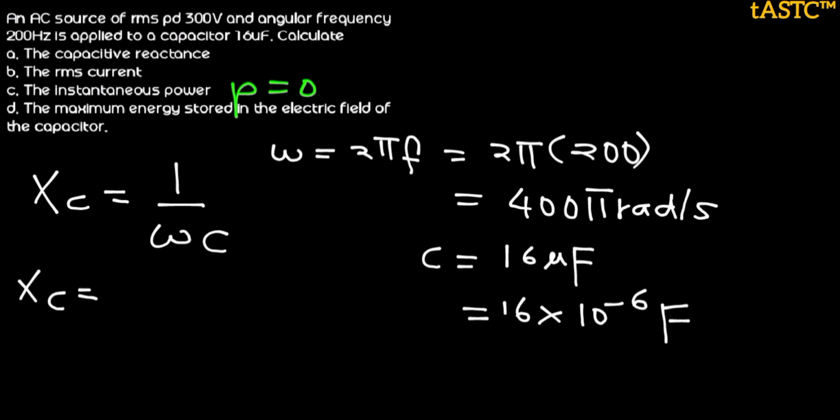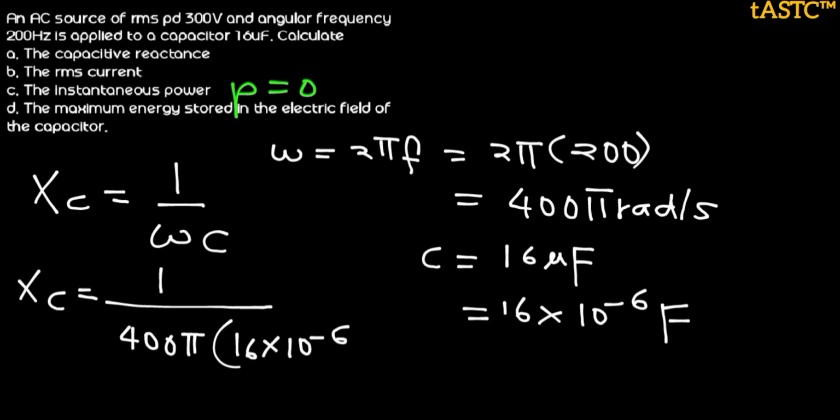So X sub C will be equal to 1 divided by 400 pi multiplied by 16 multiplied by 10 to the negative 6.